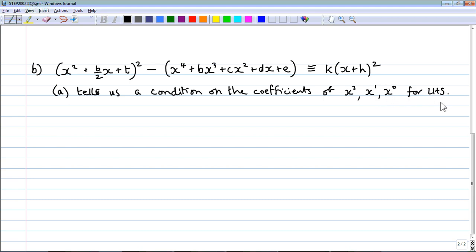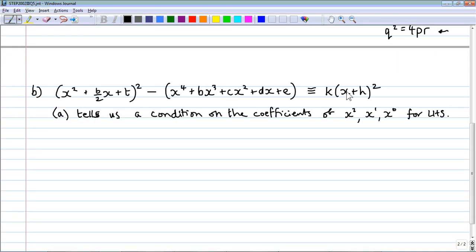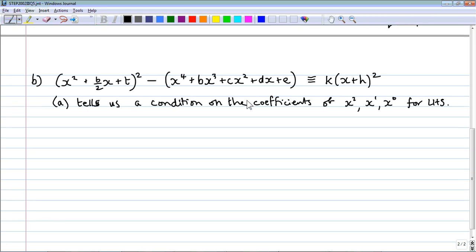So what I'm saying here is that we know that if the left hand side can be written in the form of the right hand side, then the discriminant of the left hand side is 0. Yeah? So i.e. discriminant delta of left hand side equals 0.